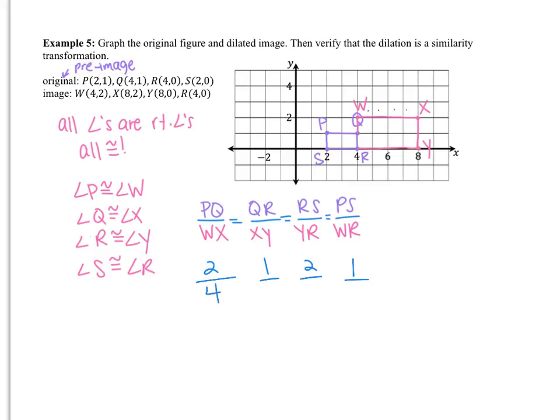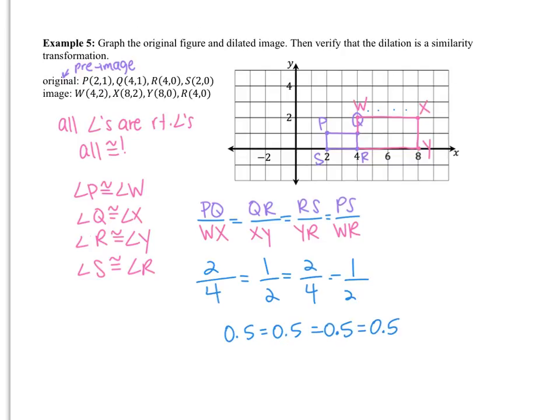XY is 2, I can obviously see. YR is also 4. And then WR is also 2. So look, these are all equal to 1/2. So we just showed that all the corresponding side lengths form a proportion.